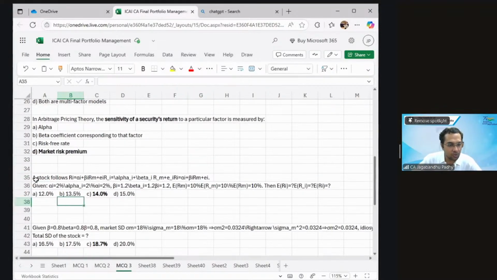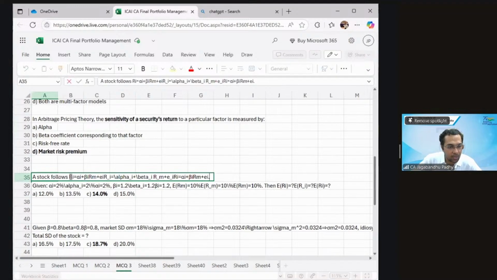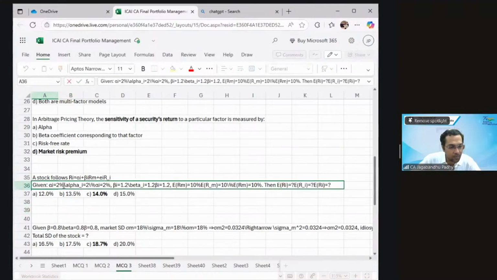Okay. Look at this question. A stock follows a formula like this. The return of security is alpha plus beta into RM minus RF plus the error term. Just remove this part. Given that alpha is 2%, beta is 1.2, then expected return of market is 10%.